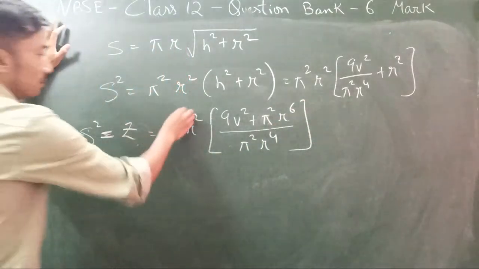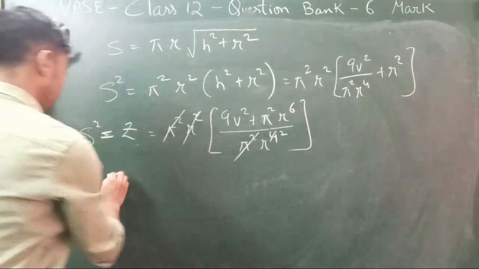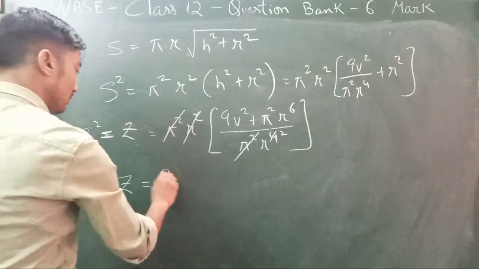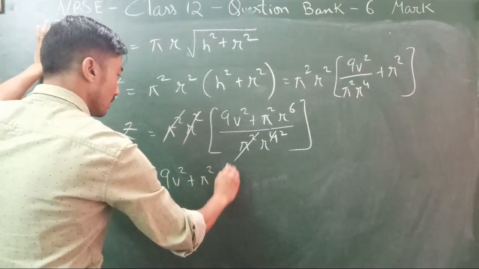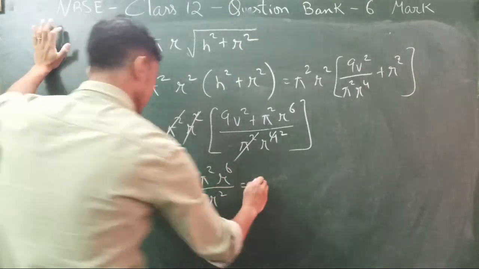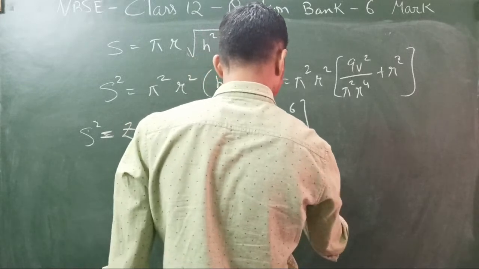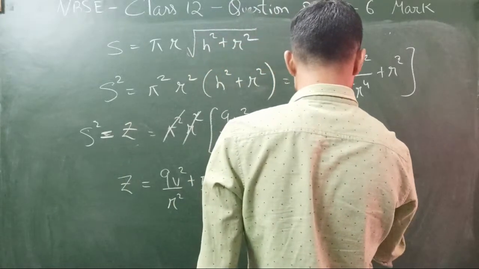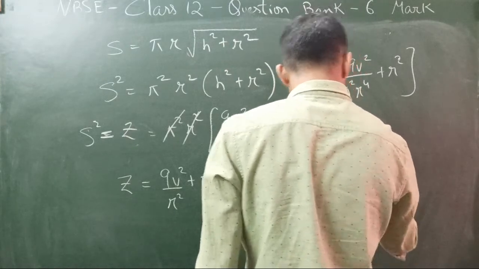So in that case, pi square R square. So we'll be left with Z is equal to 9V square plus pi square R power 6 divided by R square. So that's going to be 9V square R power minus 2 plus pi square R power 4. So this is our equation.